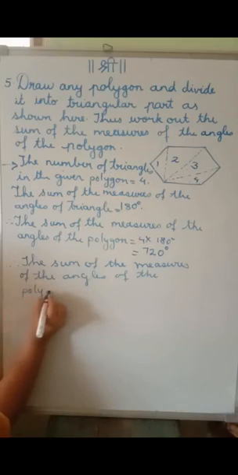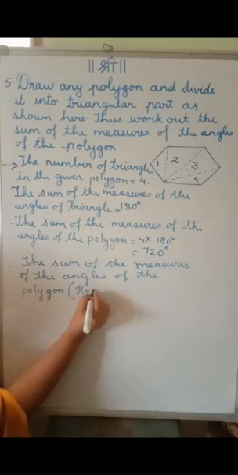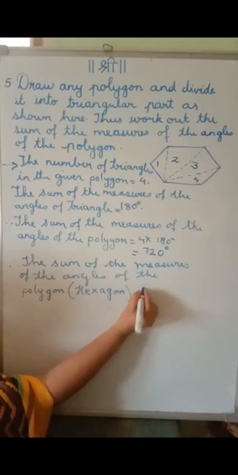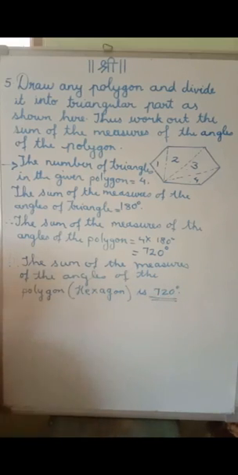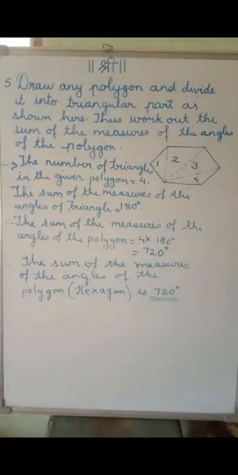What is that polygon? Very good, hexagon. We'll just write it in brackets, okay? Hexagon is 720 degrees. Yes, so here we have finished our lesson quadrilateral.